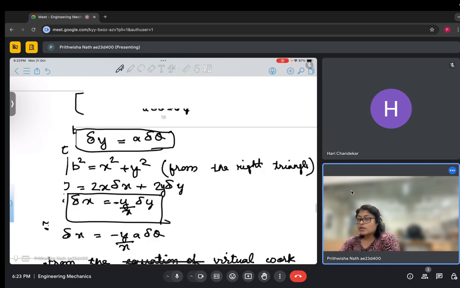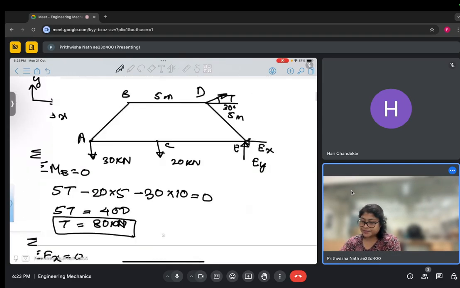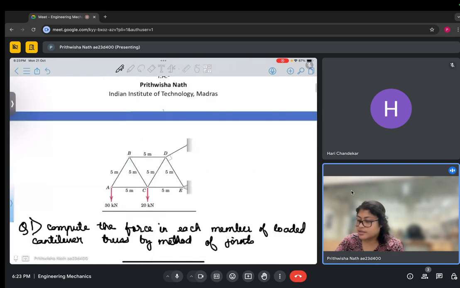So we have solved 4 questions today. This was the first problem on truss. Here we had to calculate the force in each member by the method of joints.